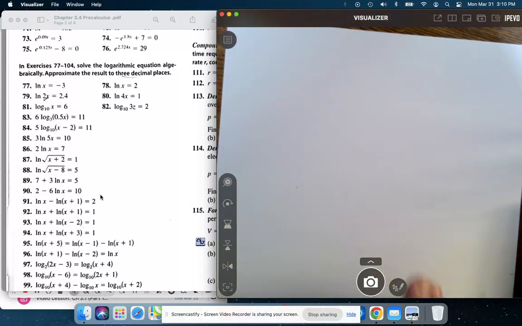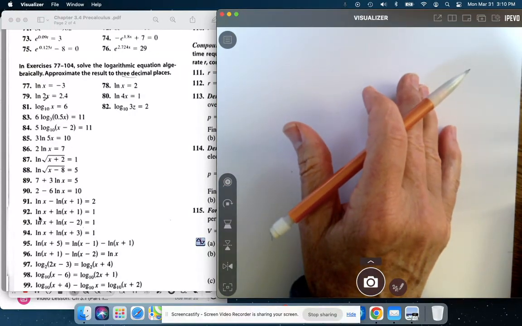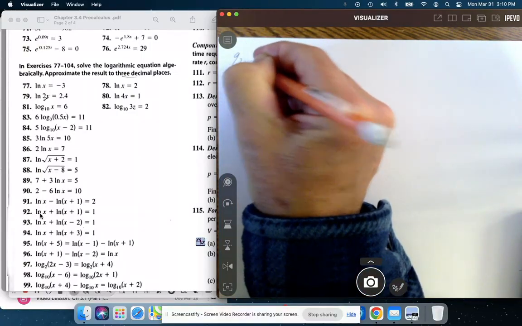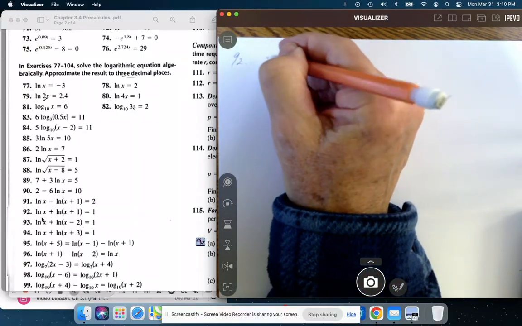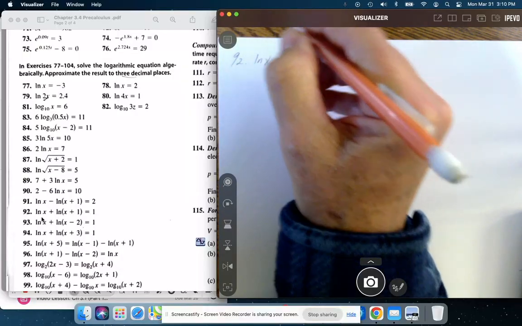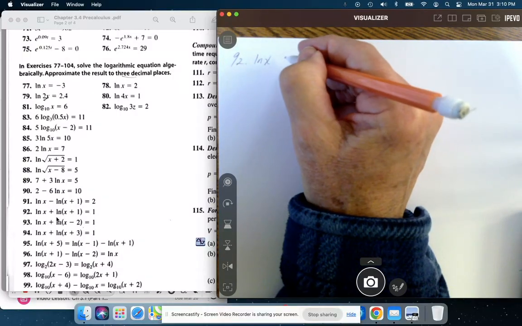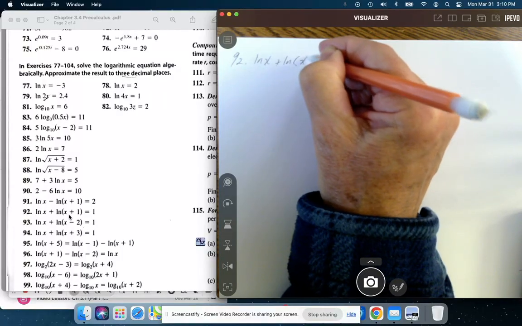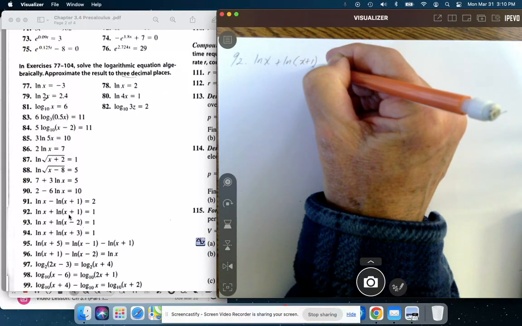All right, let's look at some of these down here, like 92. So natural log of x plus natural log of x plus 1 equals 1.